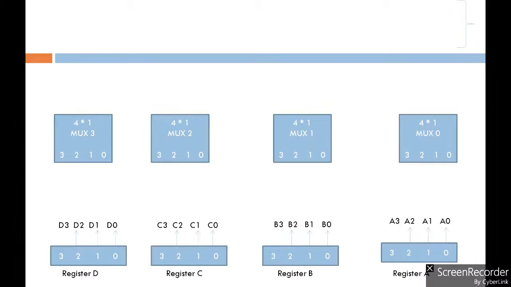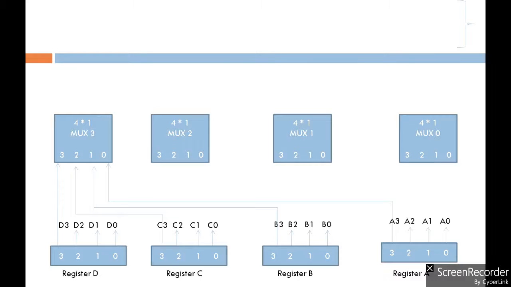For example, register A has A0, A1, A2 and A3 bits, and same for register B, register C and register D.